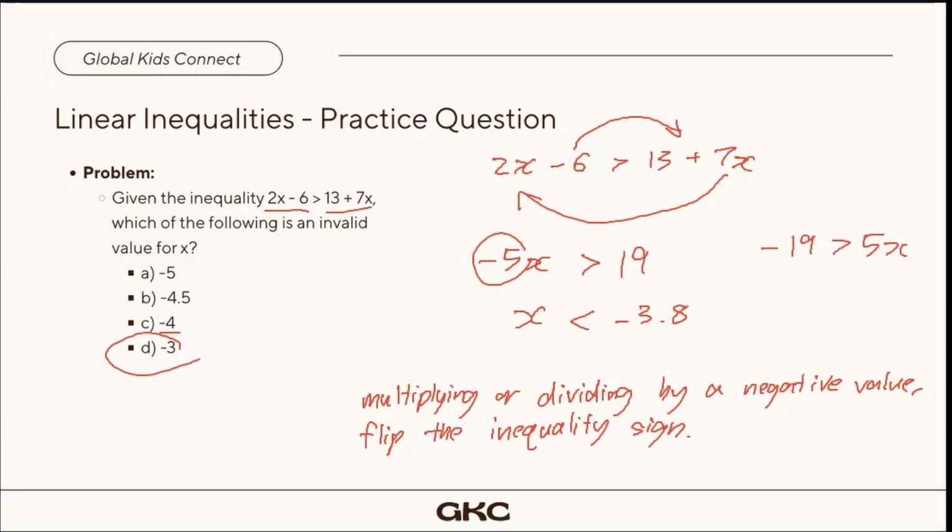In that case, you can either move around each part to get this expression, or you can also just flip the entire expression itself so that we can get 5x is smaller than negative 19. And this will also result in the same answer. So there are multiple ways to do it. Just choose whatever is comfortable for you. Any questions for this? If not, then we can move on.